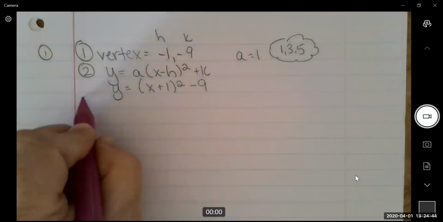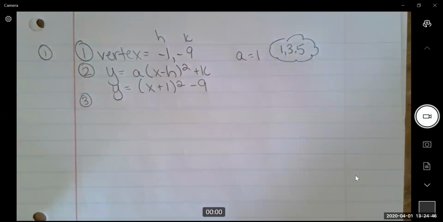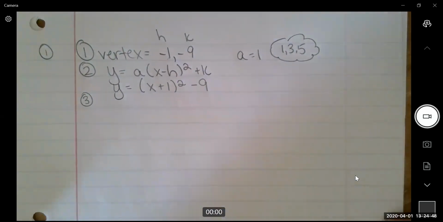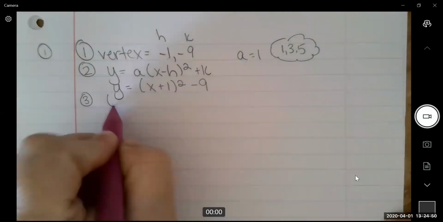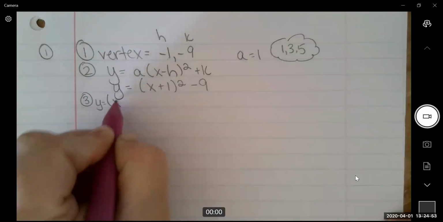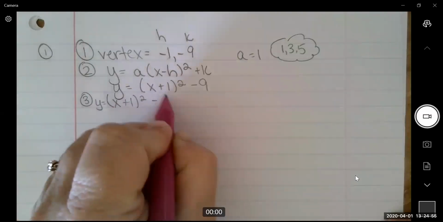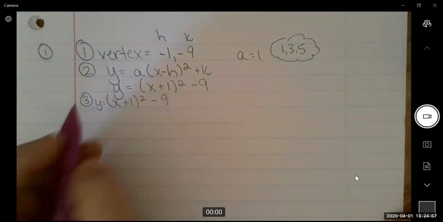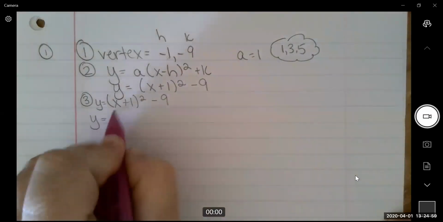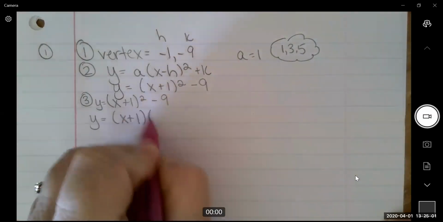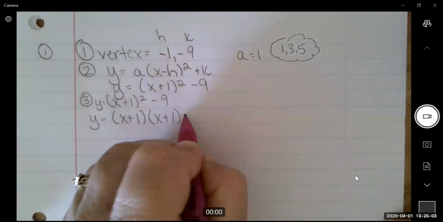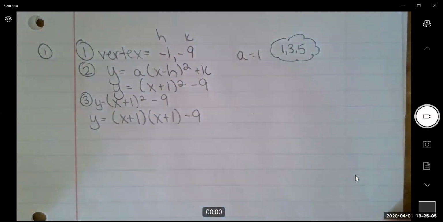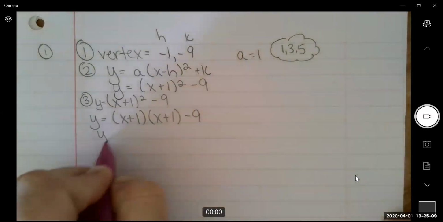Step 3, we're going to take vertex form and move it into standard form. So we have y equals x plus 1 squared minus 9. So we have y equals x plus 1 times x plus 1 minus 9. Now we just FOIL this.